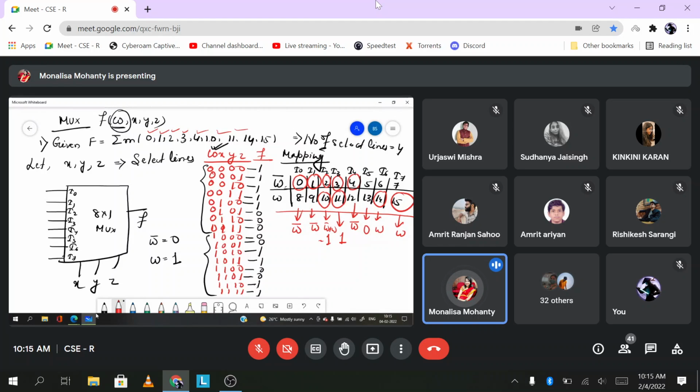Now, your job is to connect. First I will take W. Which values are connected to W? I6 and I7. So I6 and I7 are connected to W. Then W bar: what is connected to W bar?